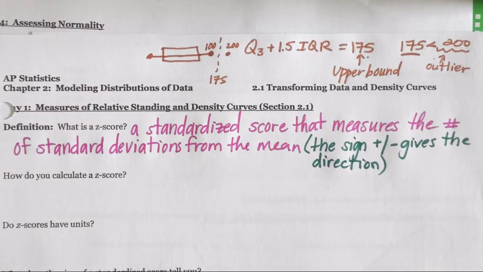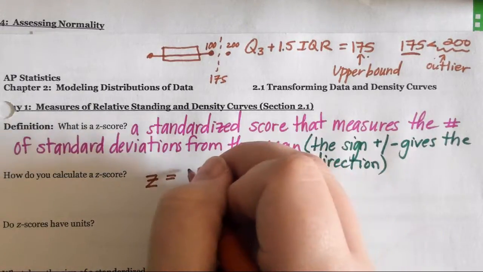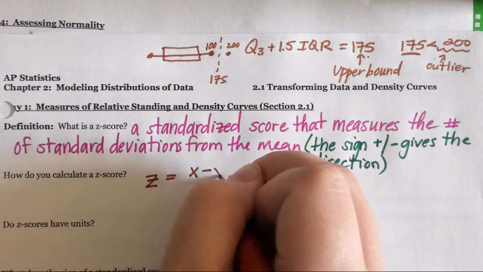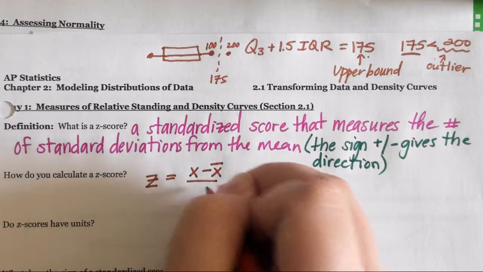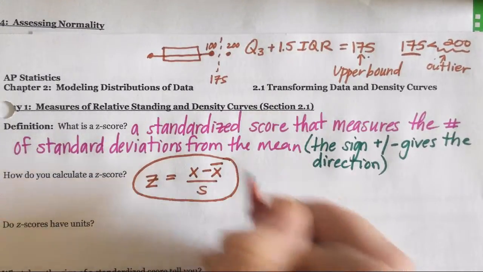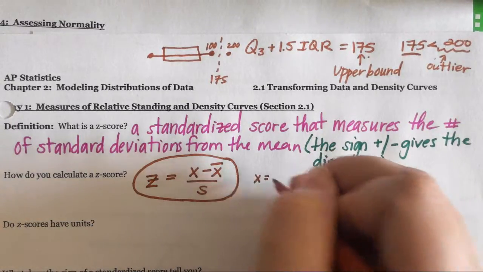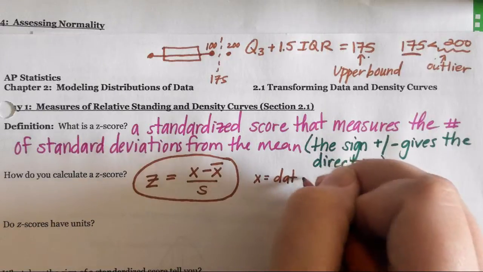Okay, and then so we do need a formula, and I'm questioning myself if it's on your formula sheet. I really don't believe it is. It's x minus x bar. Remind me what x bar is. The mean. And it's divided by s. So x is going to be our specific data value, like a specific point.